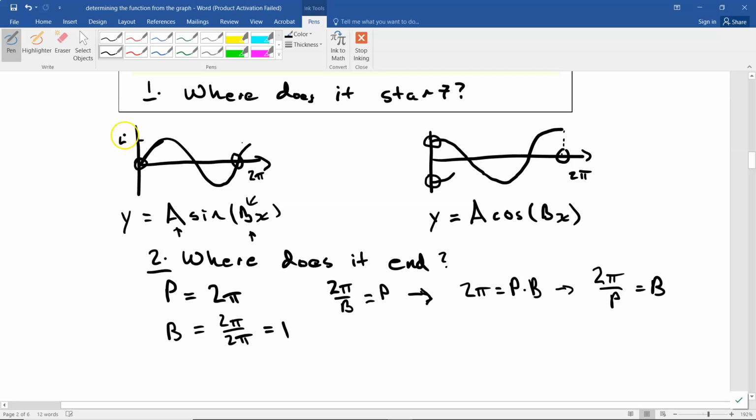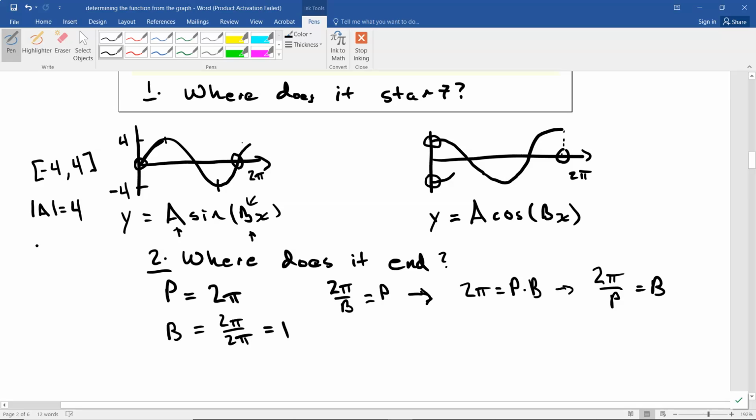So if this was 4 and down here was -4, this would tell us that the range of this function is -4 to 4, right? Because its minimum is -4 and its maximum is 4. So remember that this range tells you the amplitude of our function. So this amplitude is going to be 4.